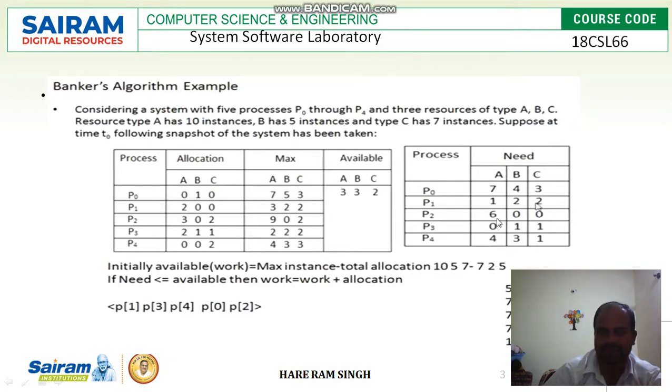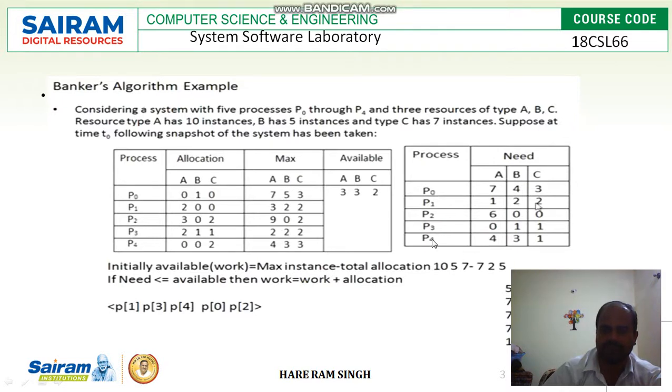Now again we will check the next need, 6 0 0 for P2. Is 6 less than 5? No, so we move to the next process, P3. Is 0 less than 5? Yes. 1 is less than 3, 1 is less than 2. So this condition is satisfied: the need of process P3 is less than the available matrix 5 3 2.